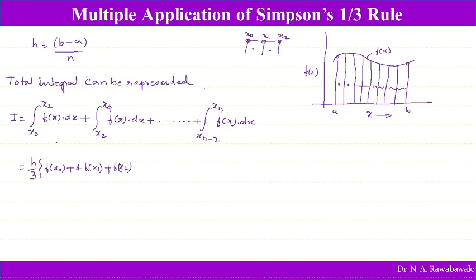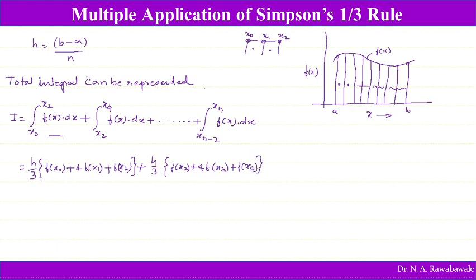For the first set we can write like this. Then for the second set also we can write h by 3 times f of x2 plus 4 times f of x3 plus f of x4.